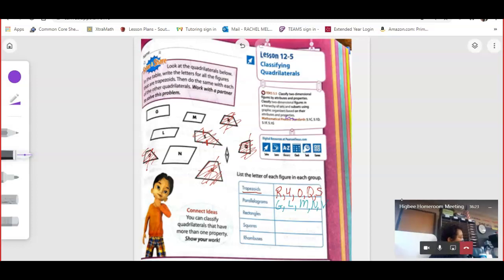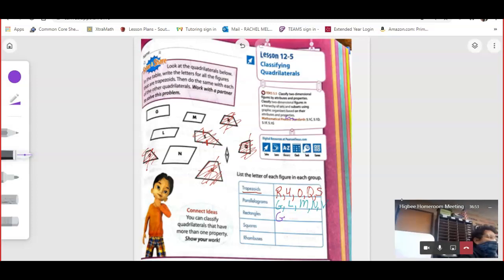Hearing lots of yeses. What about M? Jada says no because there are no right angles. What about L? No right angles. What about N? No right angles. And V? No, there are no right angles. Absolutely correct.